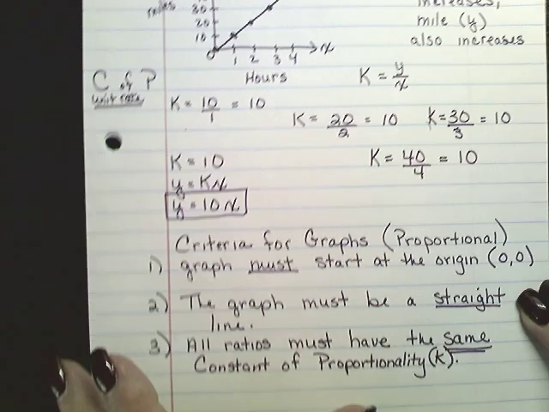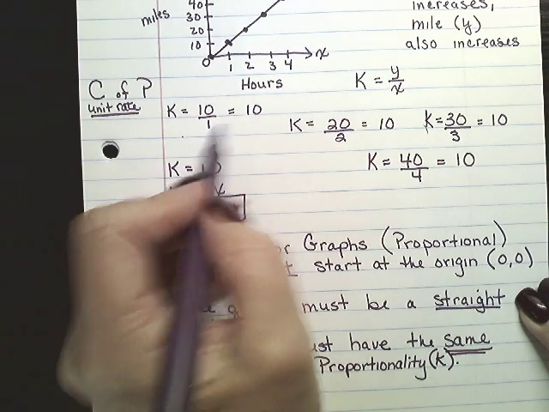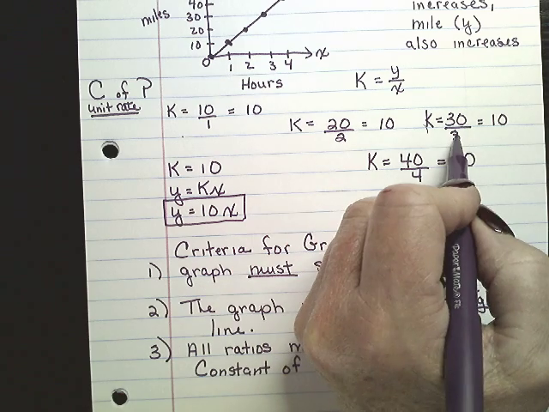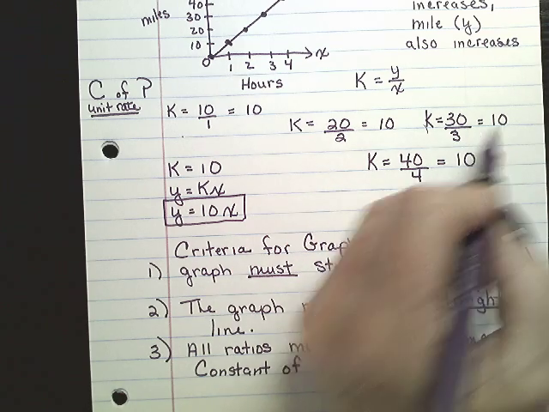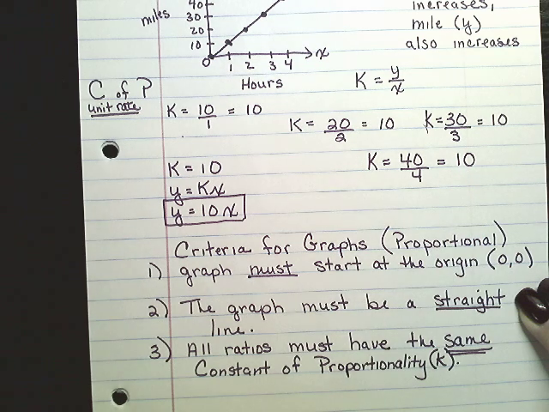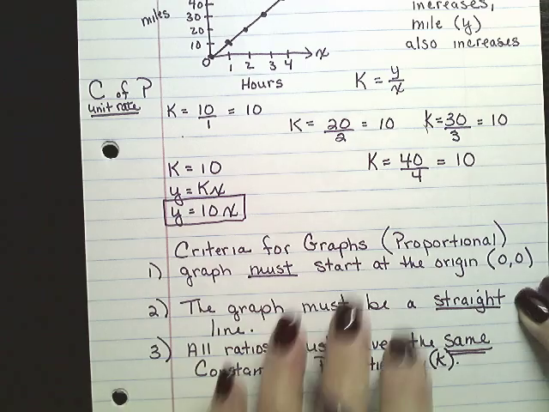So if I look up above here, we did that. 10 over 1 is 10. 20 over 2 is 10. 30 over 3 is 10. 40 over 4 is 10. Okay, so our unit rate is 10. Our constant of proportionality is 10. That's what makes a graph proportional.